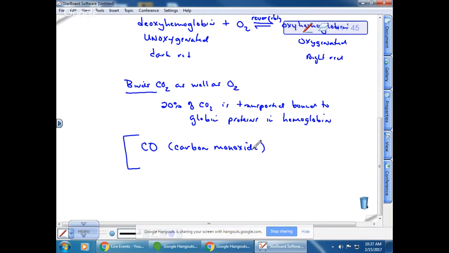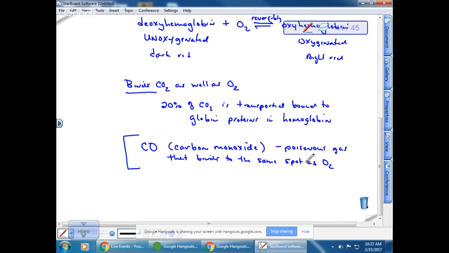Okay, so if you have a furnace and it's not getting enough fresh air, or if you're burning stuff inside your house and there's not enough fresh air coming into the combustion process, then you produce carbon monoxide as a byproduct. And this is a poisonous gas. That binds to the same spot as oxygen.